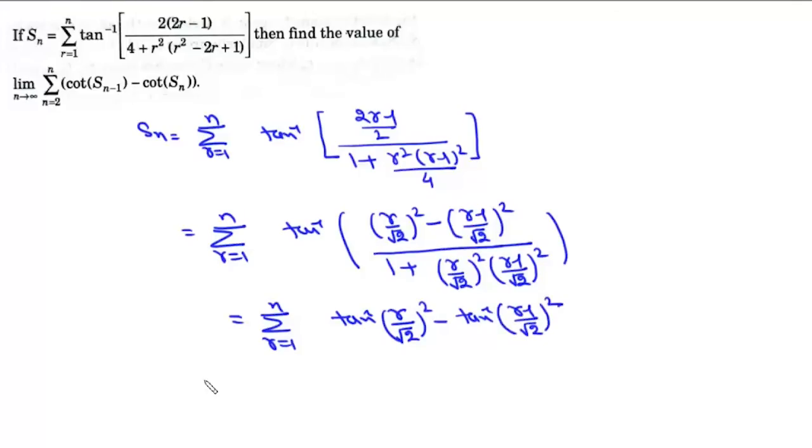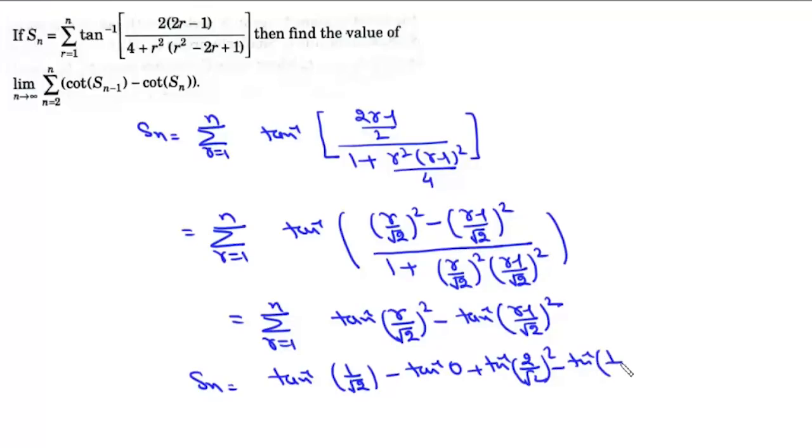Now if we put the value of r, we can write this as tan inverse 1 by root 2 minus tan inverse 0 plus tan inverse 2 by root 2 square minus tan inverse 1 by root 2 square, and in the end we'll have tan inverse n by root 2 square minus tan inverse n minus 1 by root 2 whole square.